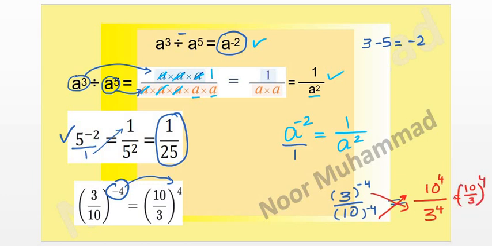So this shows that if you want to change any negative exponent or negative index into a positive one, just flip the fraction and the index will change into a positive index.